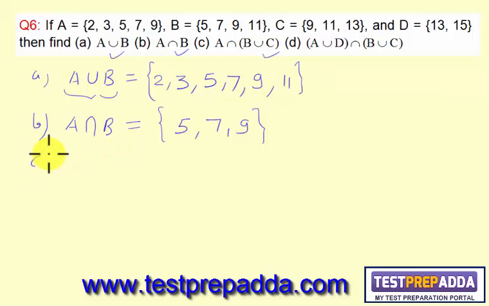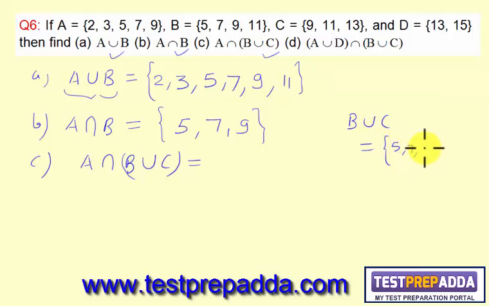Now if I try to find A intersection (B union C), for that first I'll get B union C. So what is B union C? All those elements which are either in B or in C: 5, 7, 9, 11, 13.